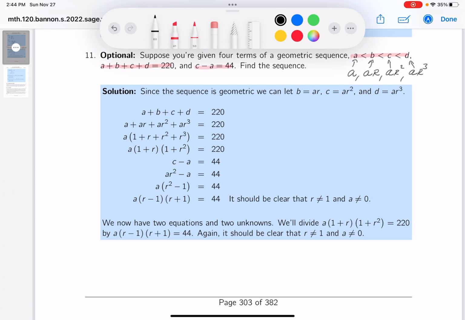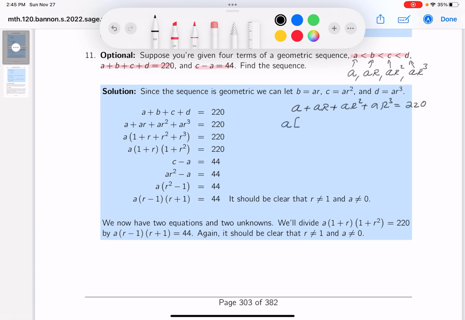Well, let's write down what we know. If we add them together, that means A plus AR plus AR squared plus AR cubed would equal 220. I'm going to simplify that by factoring an A out.